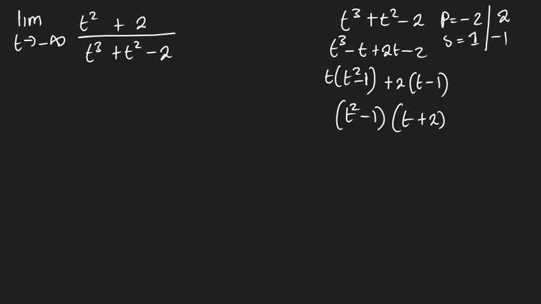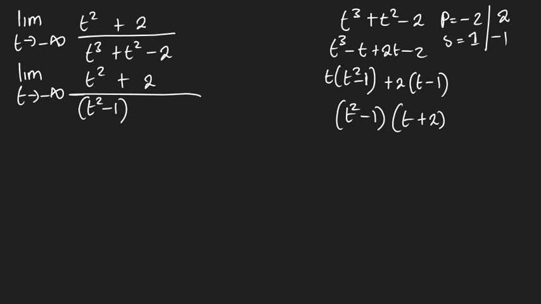If you notice what is happening, you discover that this is the same as the limit as t approaches negative infinity of (t^2 + 2) all over (t^2 - 1)(t + 2).